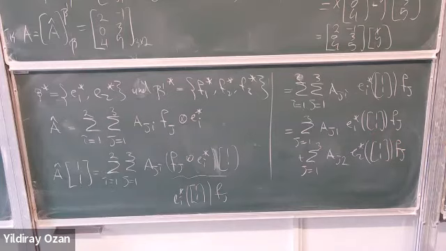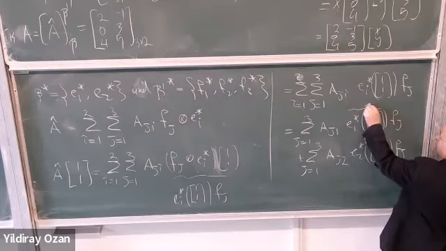What about E2 star? E2 star of (1, 1), this is E1 plus E2. So E2 star at E1 is 0, E2 star at E2 is just 1. So this is also 1. So both of them are 1s.